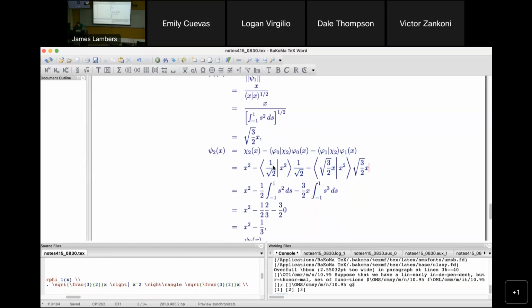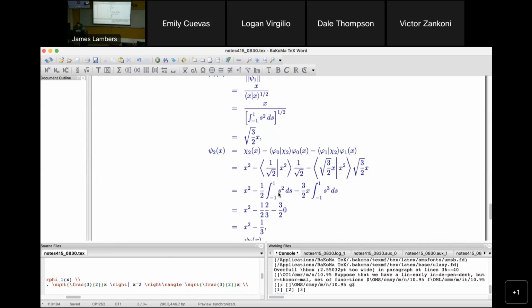We have all these square roots, so I just go ahead and multiply those together, just to make things a little cleaner. And then we have integral of s squared ds for this one, and then here we have x and x squared, so that gives me the integral of s cubed. Again, we use the fact that we have a polynomial of odd degree on symmetric intervals, so that integral is 0.